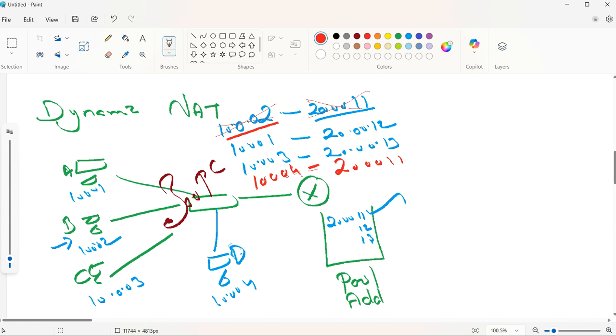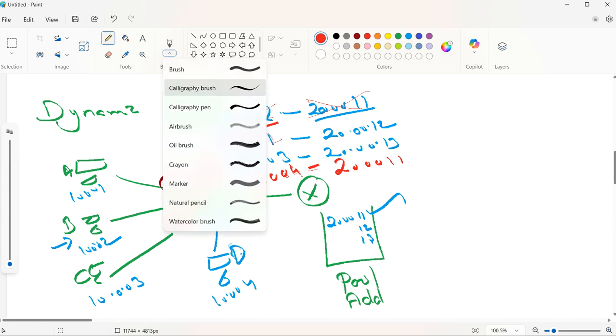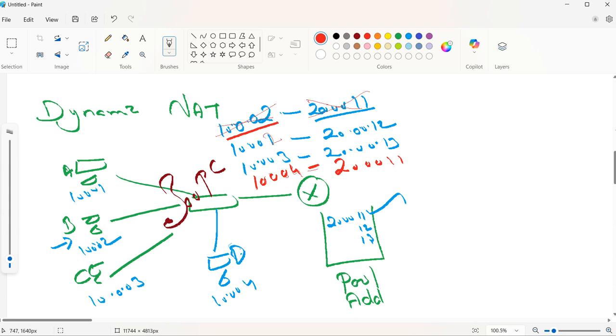Now if B wants to talk, there is no address. It will wait. And A finishes the conversation. So the router will give this address to 10.0.0.2 now. Earlier it was using 11. Now it is using 12.